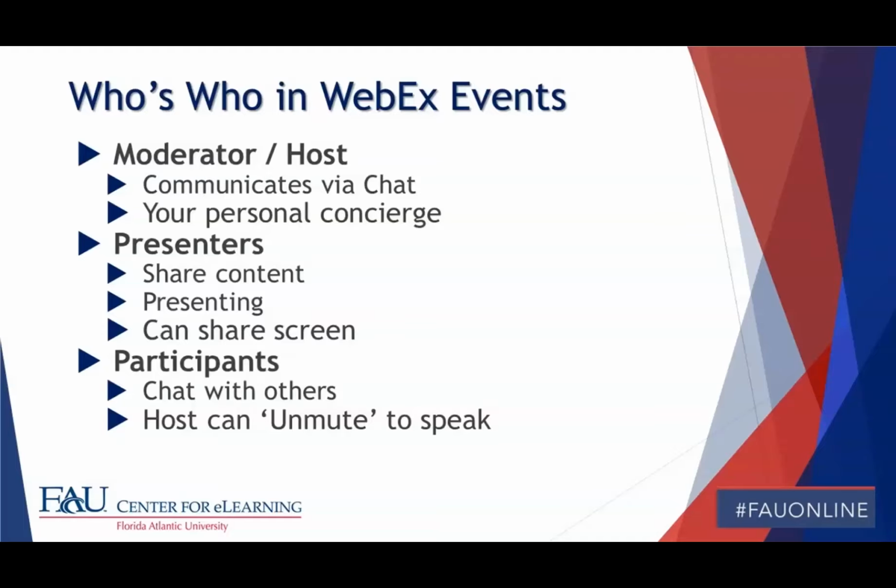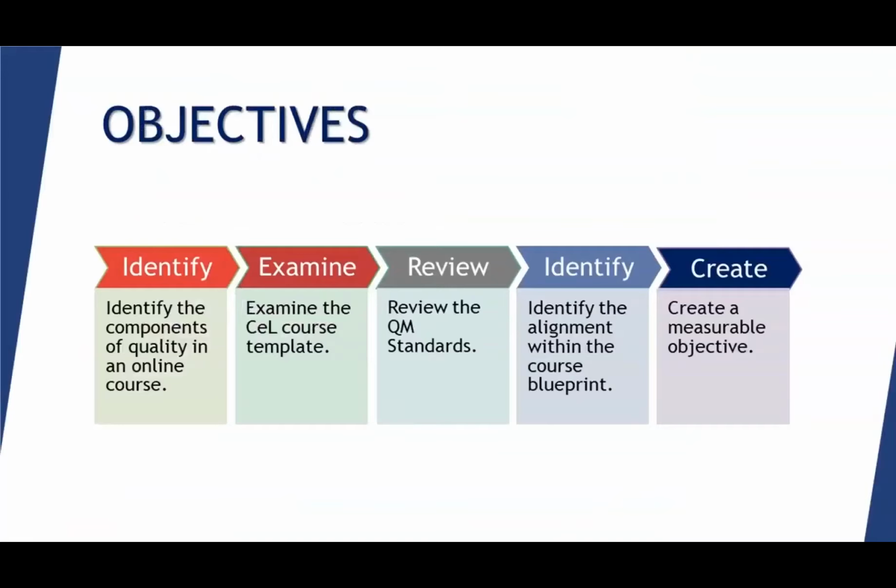Just a quick overview. So here's what we are going to be doing today. As I said, we're talking about building your course using some foundations to assure quality. We'll be taking a look at the components of quality in an online course. That's what you just put in on the poll for us.